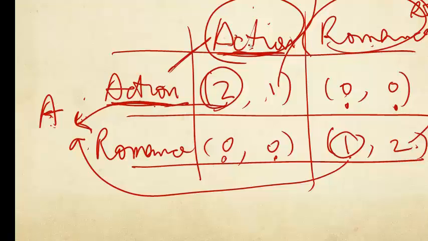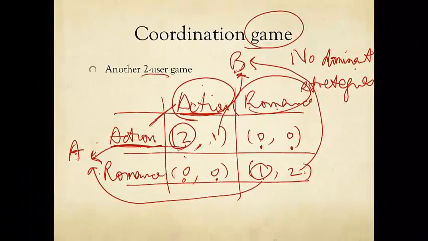So the action strategy choices by A and B is one that matches. Same story for romance. So you see that these 2 best responses are actually clicking with the 2 best responses respectively by B.